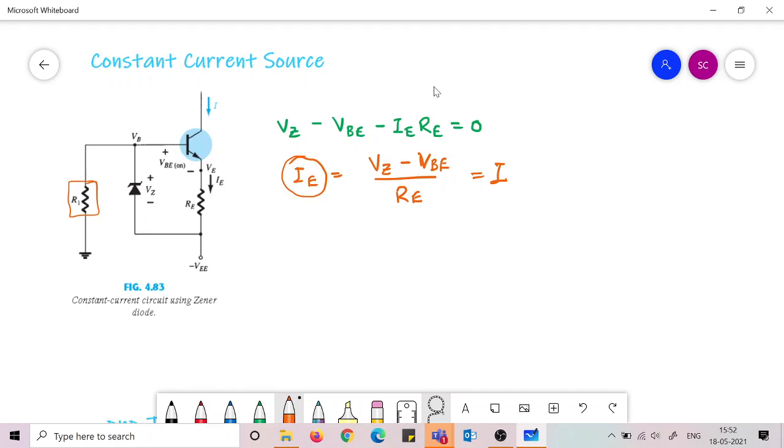This is the constant current, and if we have any load circuit attached at this point, this will experience a constant current I. So we have been able to create a constant current source, so this will be equivalent to a constant current source connected to a load.